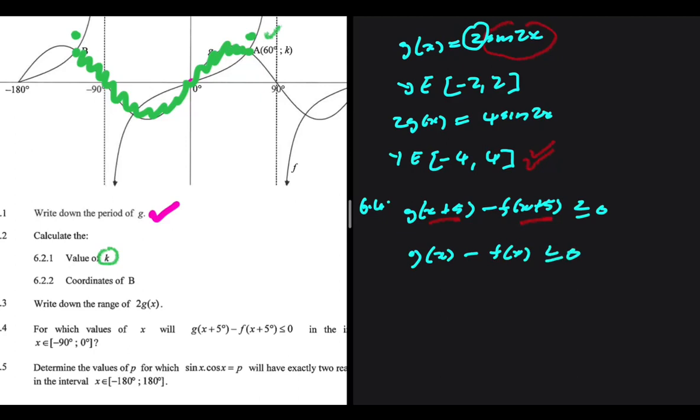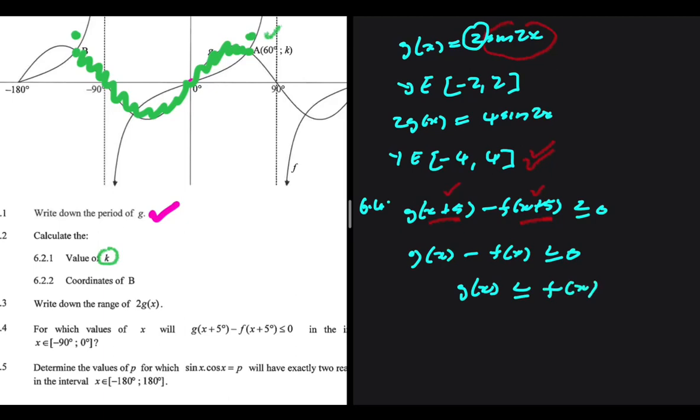After we find the answer for g of x minus f of x being less than or equal to 0, then we're going to be able to find g of x plus 5 minus f of x plus 5. If we take minus f of x to the right hand side, we're going to have g of x being less than or equal to f of x.